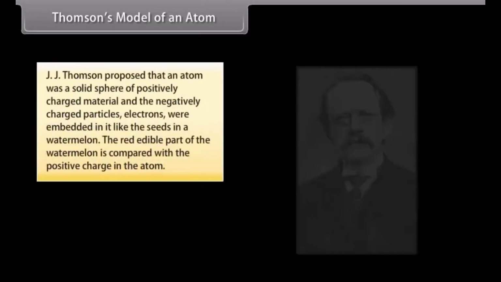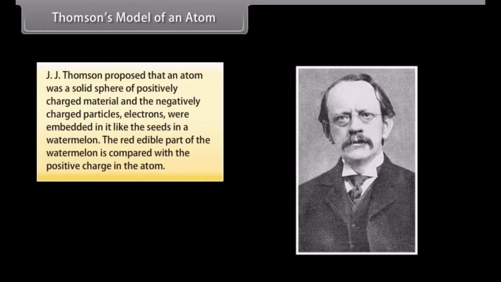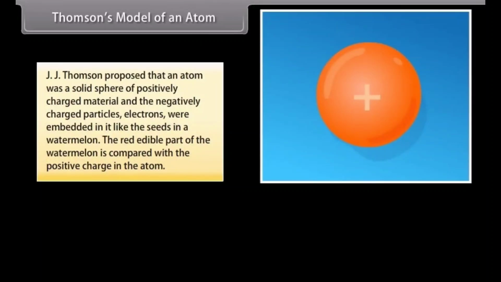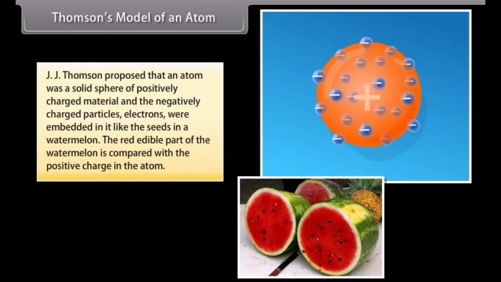Thomson's model of an atom. J.J. Thomson proposed that an atom was a solid sphere of positively charged material, and the negatively charged particles, electrons, were embedded in it like the seeds in a watermelon. The red edible part of the watermelon is compared with the positive charge in the atom.